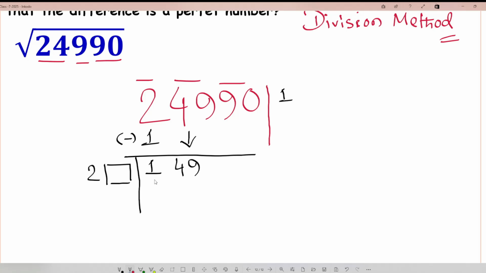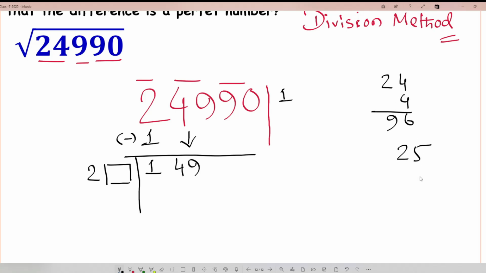So what can we do? Suppose we put 4 here: 24. 4 times 4 is 16, 4 times 2 is 8, 8 plus 1 is 9, so 96.